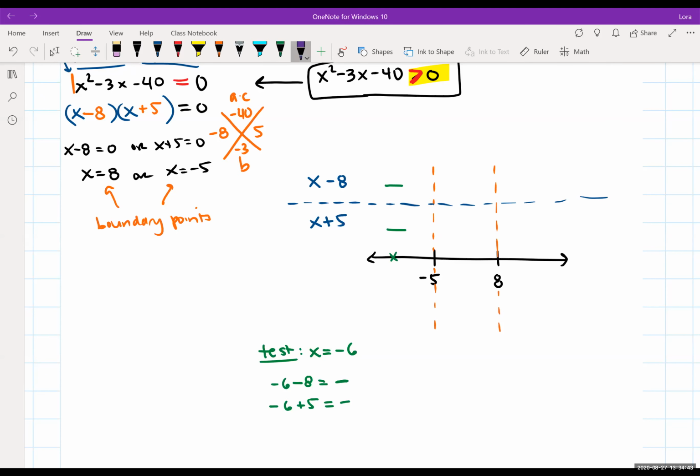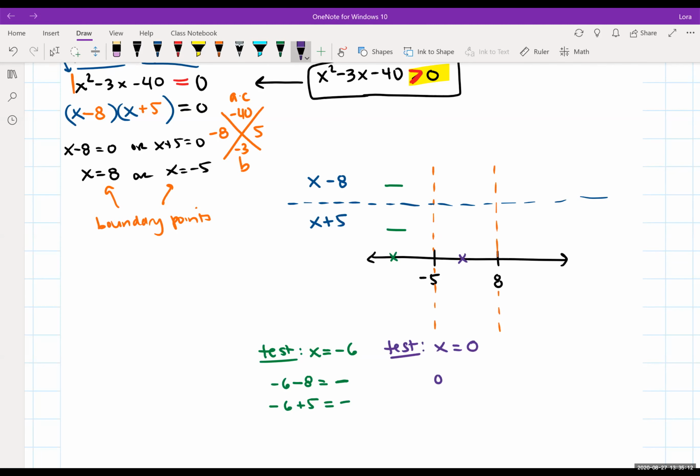Let's take a look at in between -5 and 8. We will test as well. I always like when I have a choice between a positive integer and a negative integer, I always like to choose 0. It's a lot faster. So now again, when I plug 0 into both of these factors, you can write it down just so that we see it for purposes of the notes.